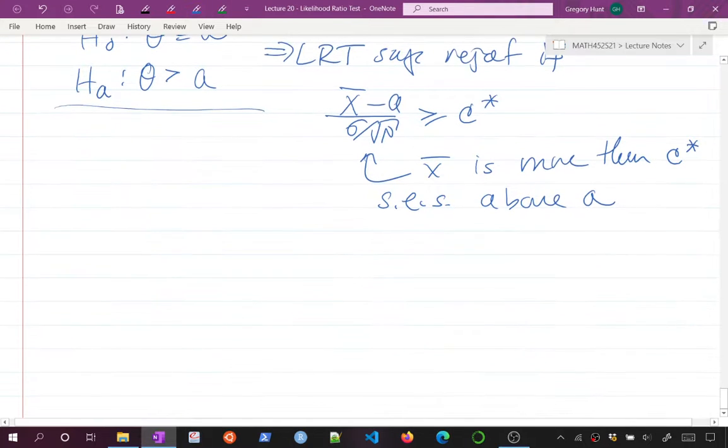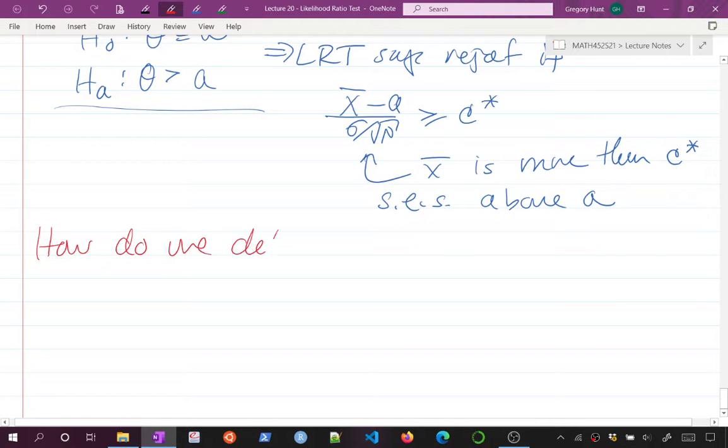So the one dangling thing here is how do we determine C star?